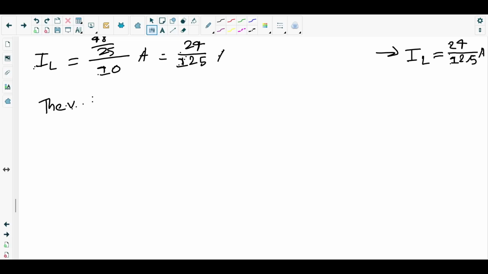Using Thevenin's theorem, we will find the PD across the load resistor. So here you go, the circuit. Okay, how was the circuit? I need to check.